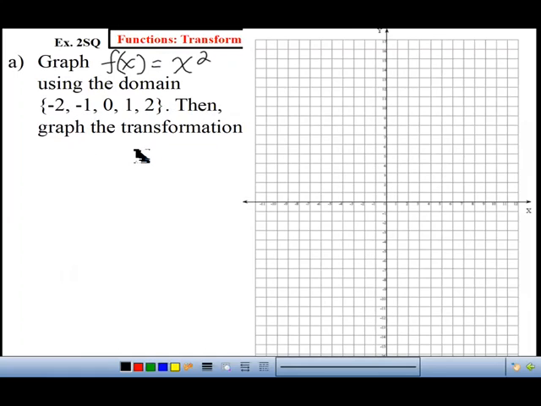Then graph the transformation g of x equals x squared minus 5. And hopefully you're like, wait a minute, that looks very familiar, Mr. Q. Yes, of course it does. I just want to make sure I'm hammering this out so that you guys can see all the components. I'll give you some time to copy that. Hurry up.